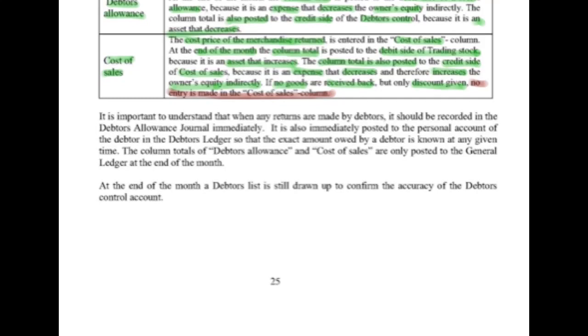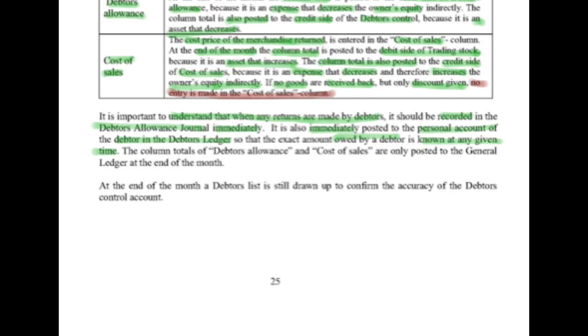Now it is very important to understand that when any returns are made by the debtors, it should be recorded in the Debtors Allowances Journal immediately. It is also immediately reposted to the personal account of the debtor in the debtors ledger, so that the exact amount owed by the debtor is known at any given point in time.